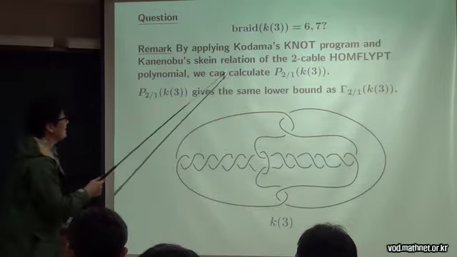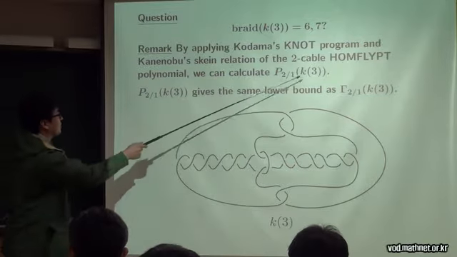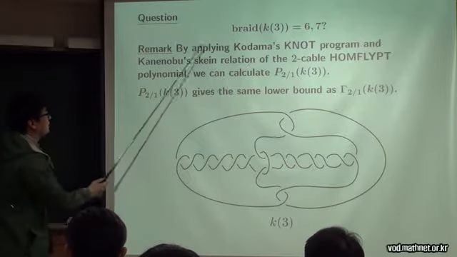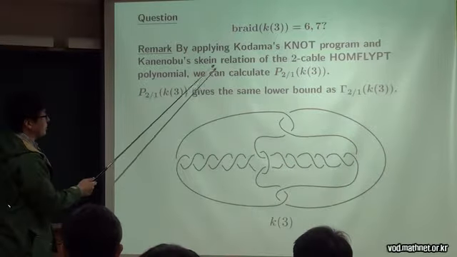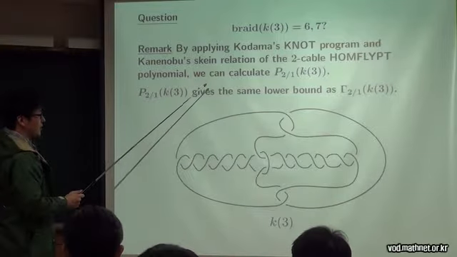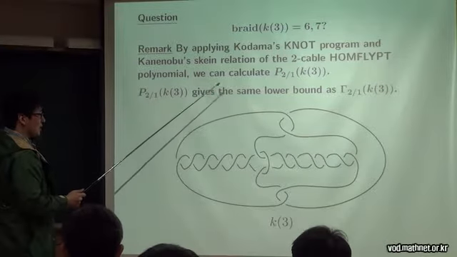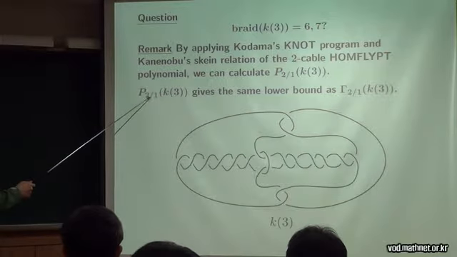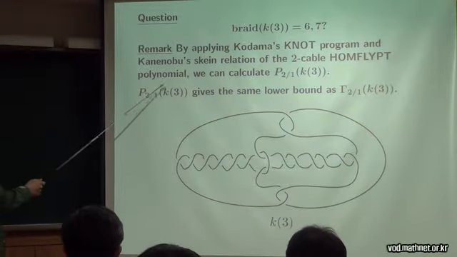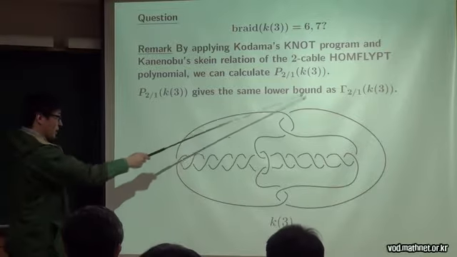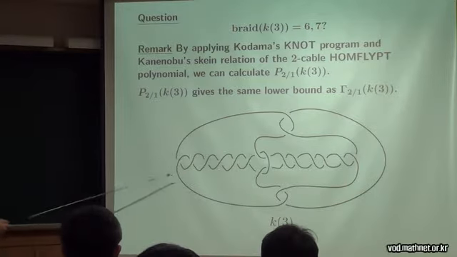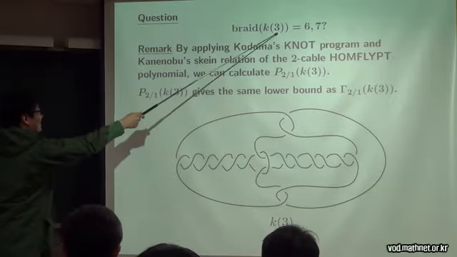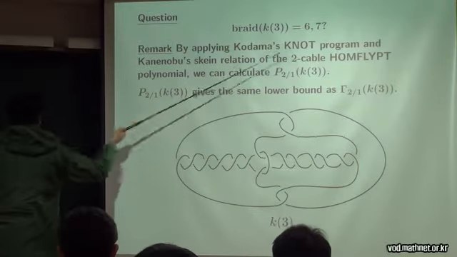I calculated the two-cable HOMFLY-PT polynomial by using Kodama's knot program and Kanenobu's scaling relation of the two-cable HOMFLY-PT polynomial. But we see that the two-cable HOMFLY-PT polynomial gives the same lower bound as the two-cable gamma polynomial. So I don't know this, 6 or 7.